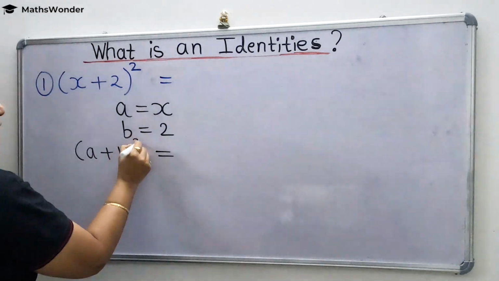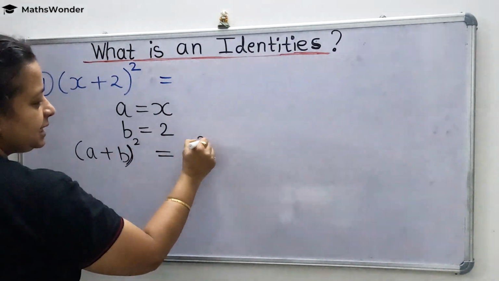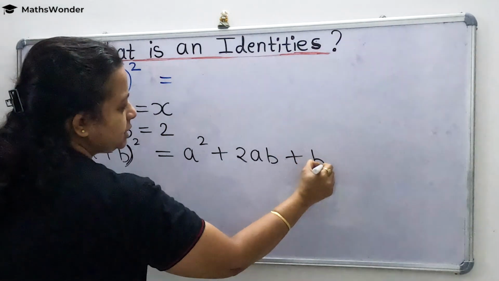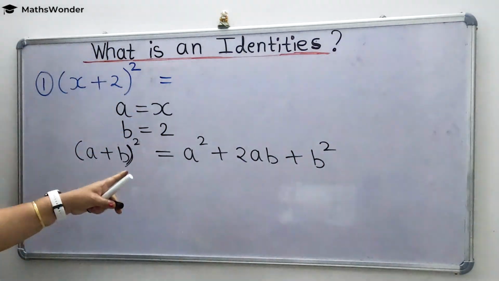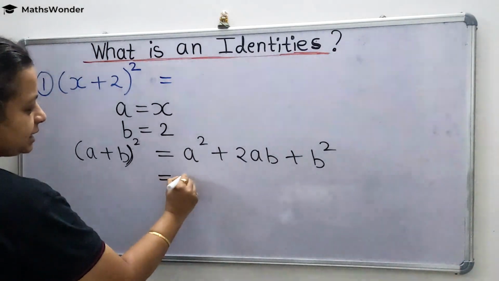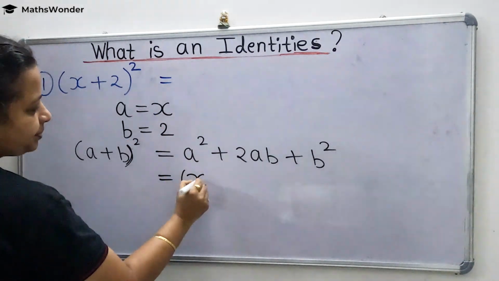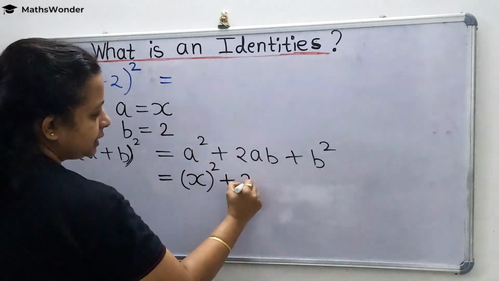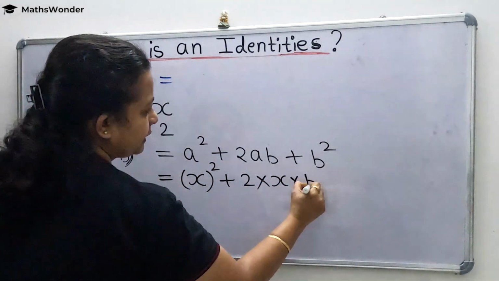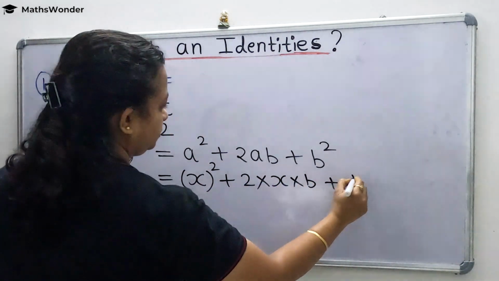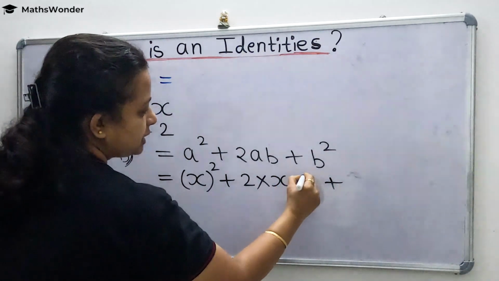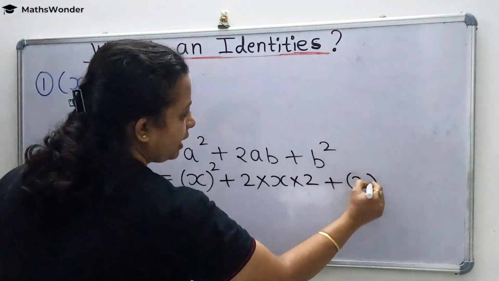A plus B whole square. What was the identity? A square plus 2AB plus B square, right? This is your identity. Now you will substitute your values in this identity. So A is x. So x square plus 2 times x times B, plus B is 2, sorry, my bad, it's 2 square, right?